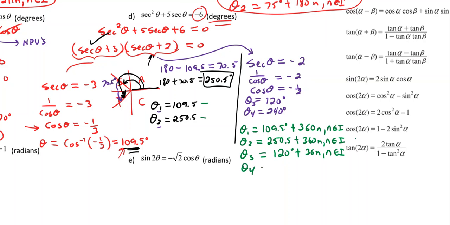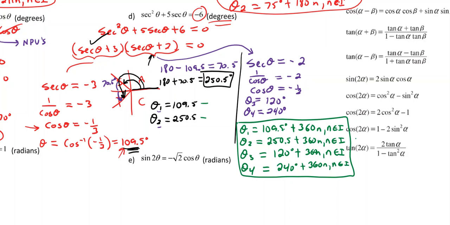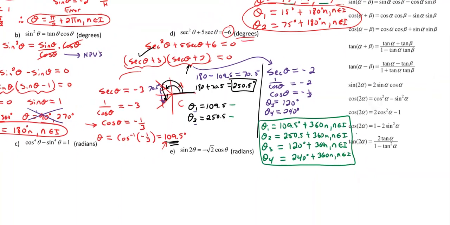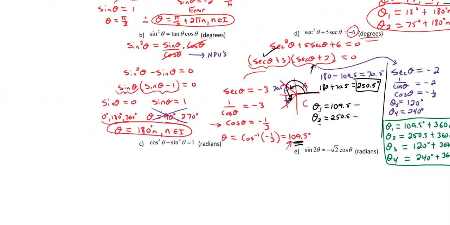And then angle 4 would be 240 degrees plus 360n, where n is a member of the integers. And that is our solution. That's probably the longest solution you've ever seen, but that would be all of the solutions for that. Okay, next one.